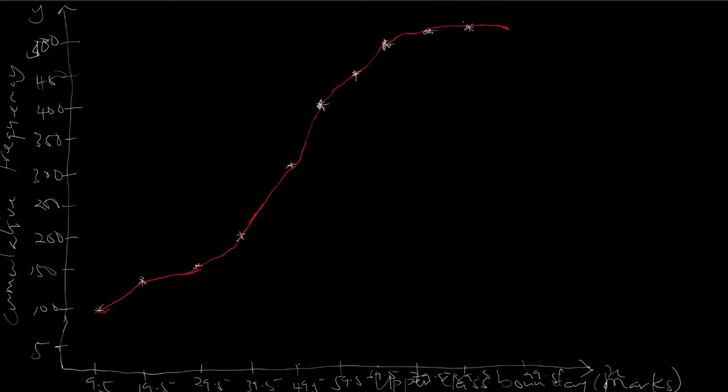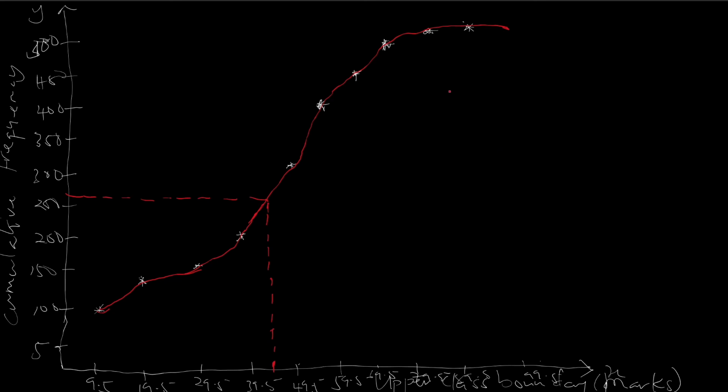So 45, we can have 45 here. So we trace 45% to where it touches. Then when we do that, we should get 250.